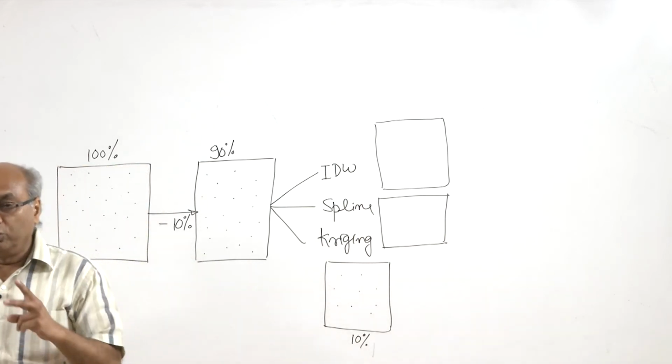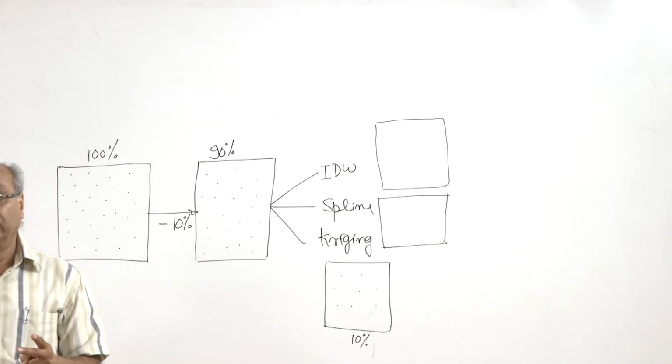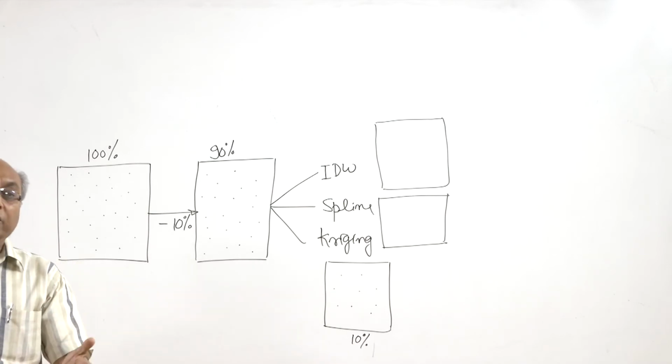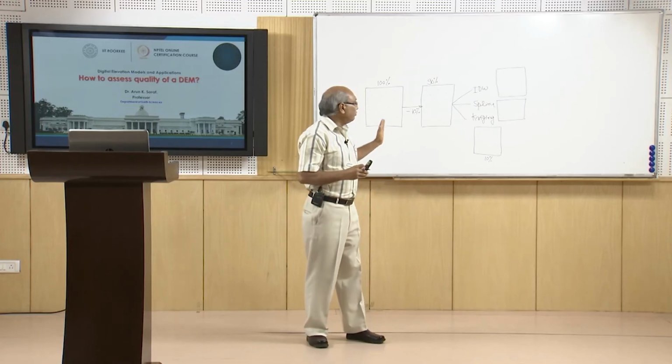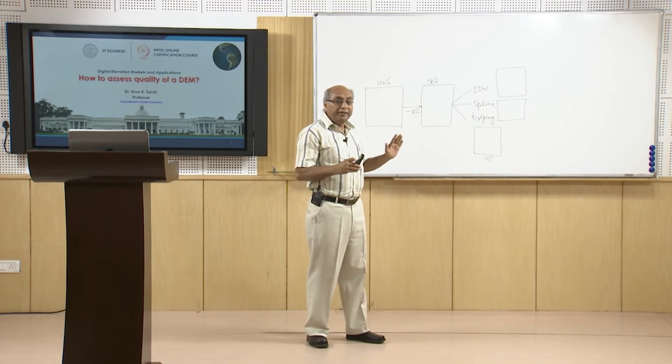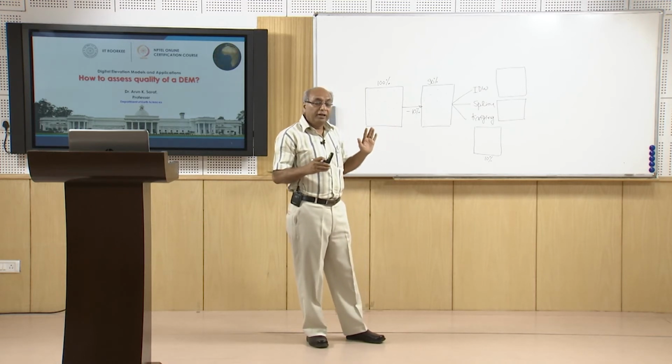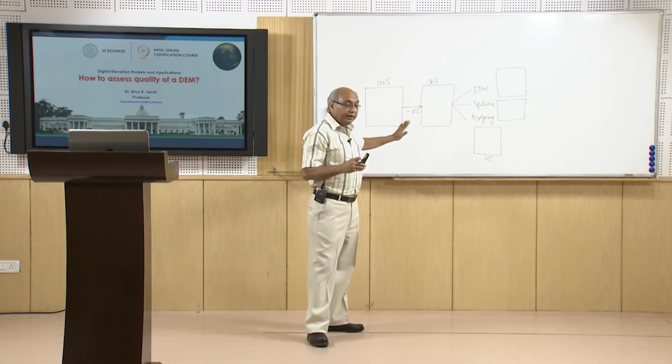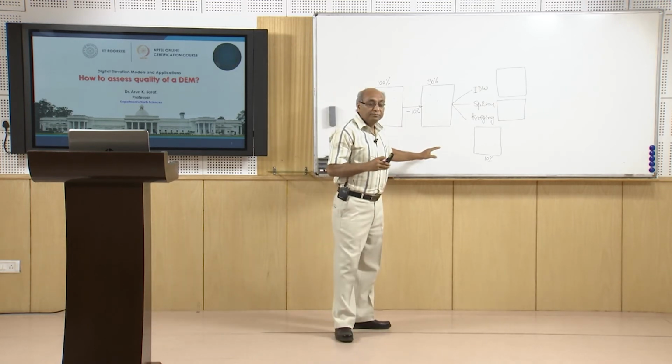So through this process, 2 things I have achieved. One is which interpolation I should employ for my data set. That is what I can decide based on this exercise.